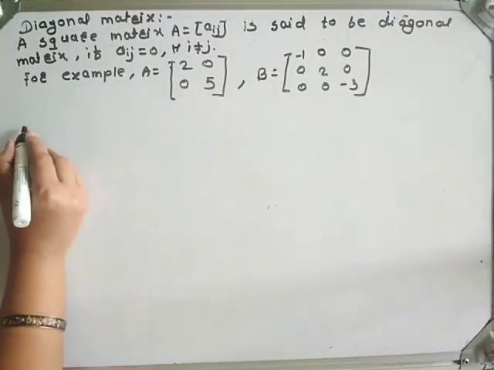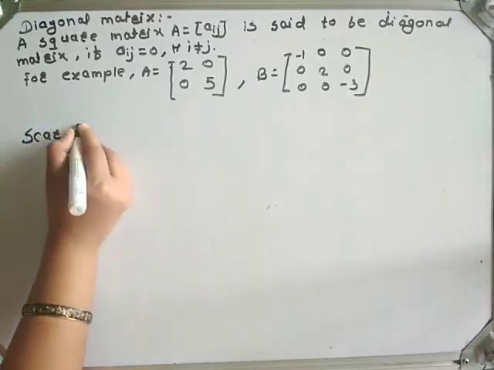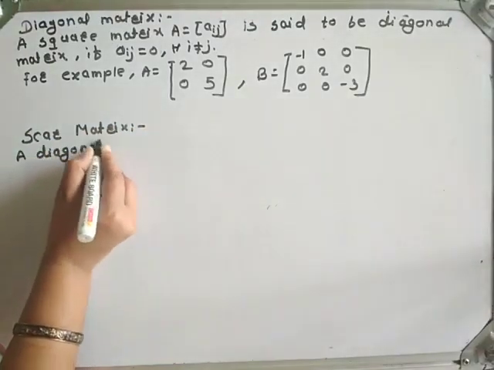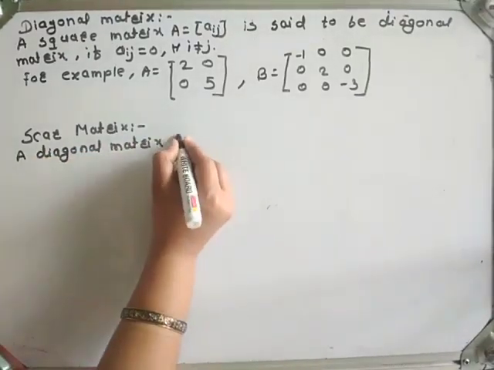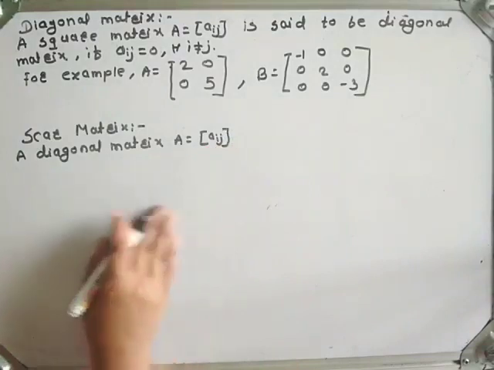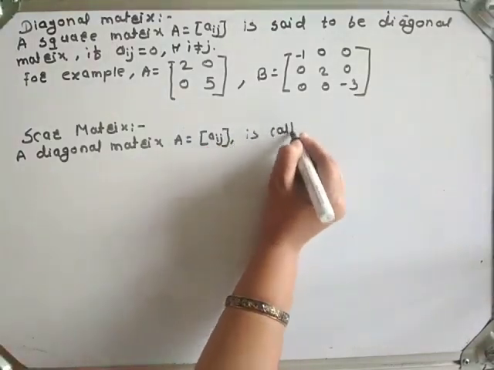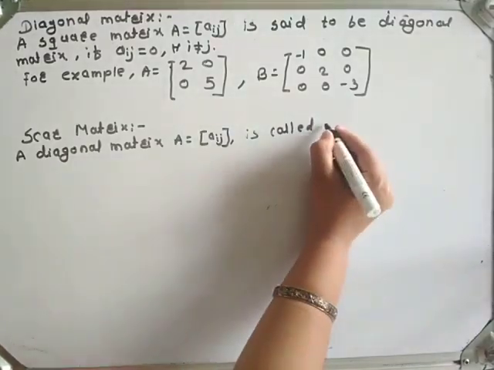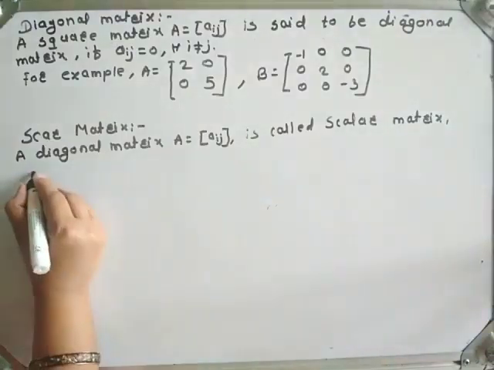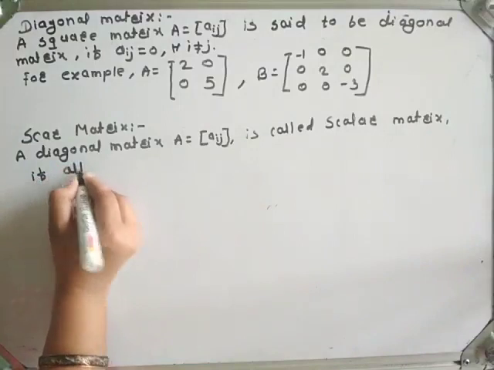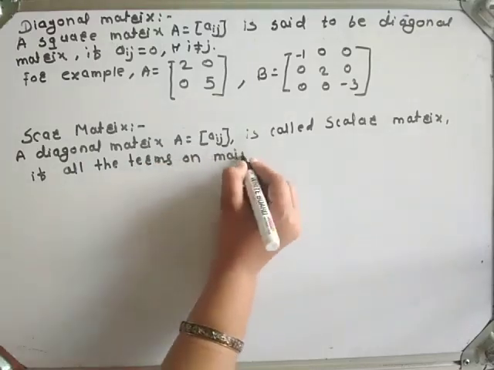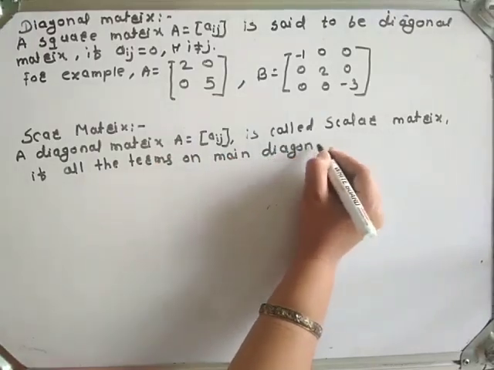Let us take the next definition of a scalar matrix. A diagonal matrix A equal to Aij is called a scalar matrix if all the terms on the main diagonal are equal.